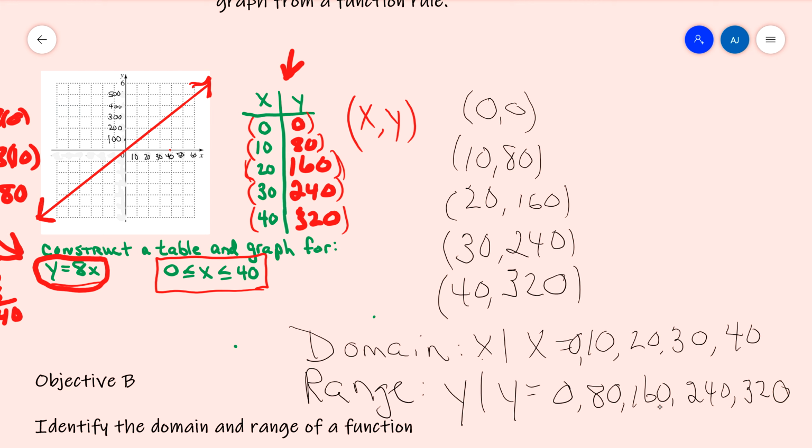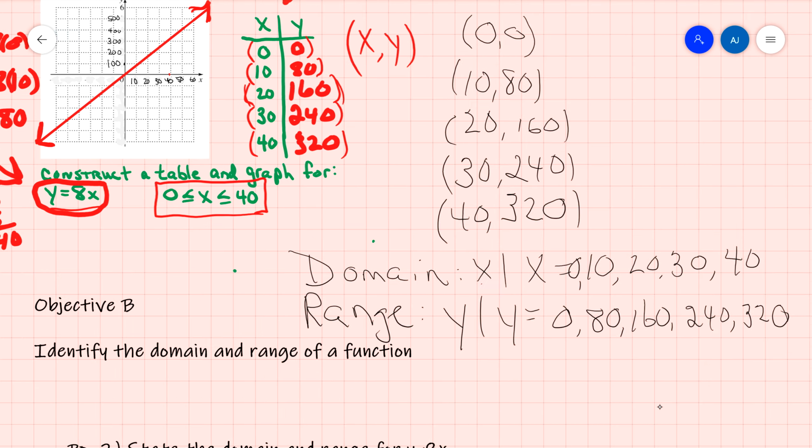And this is the domain and range of this function of y equals 8x. Okay, and that's the idea.